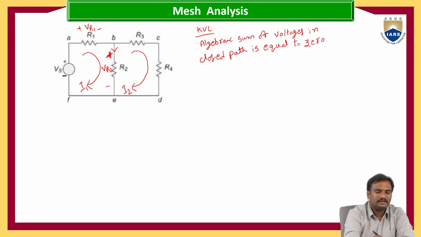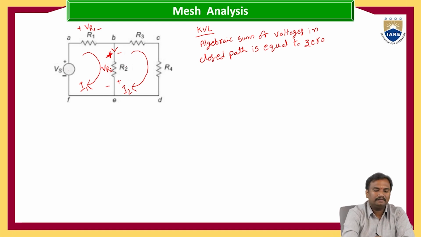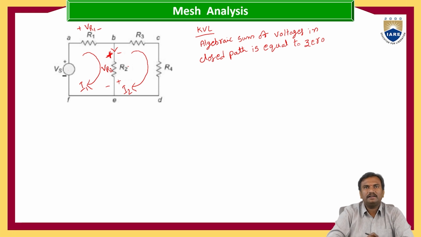So this terminal is taken as positive. When you write the loop 2 KVL, you have to consider that the I2 current has higher magnitude, that is, the secondary loop current has higher magnitude, then the voltage across R2 will be plus on this side and minus on this side. Okay, so first let us write the KVL in loop 1.